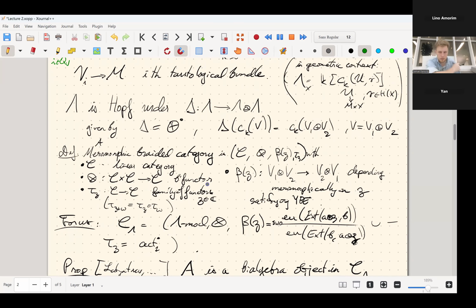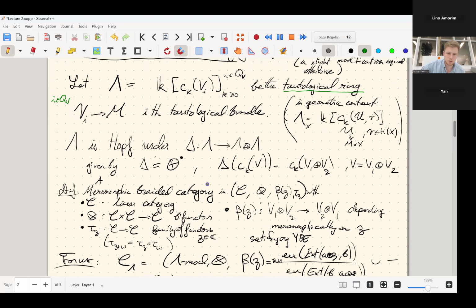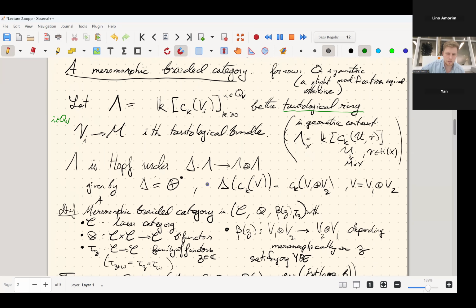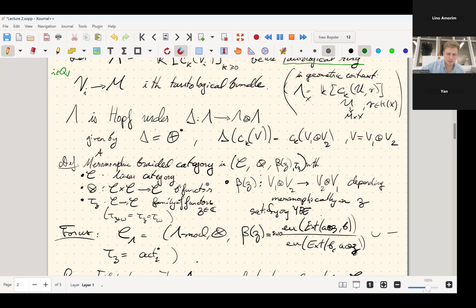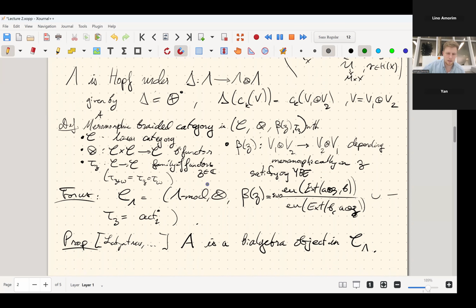Where does the symmetricity play a role? Not to define the tautological ring, but when we want to expand this braiding in z variables and have our terms be homogeneous.